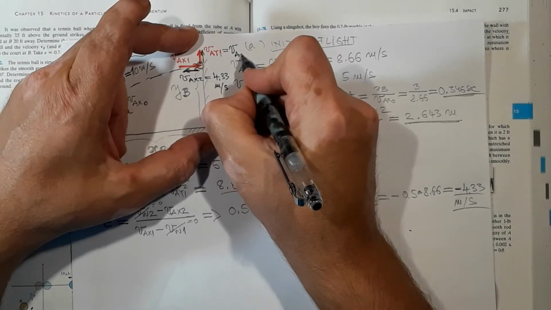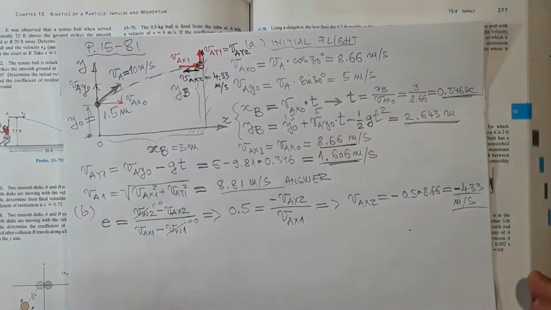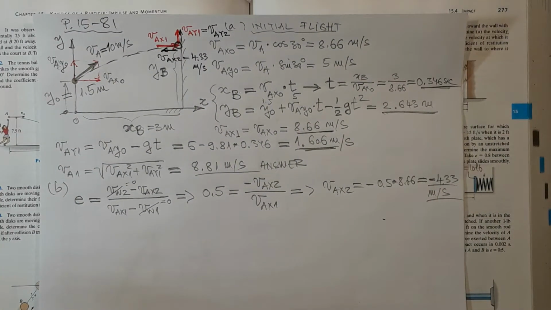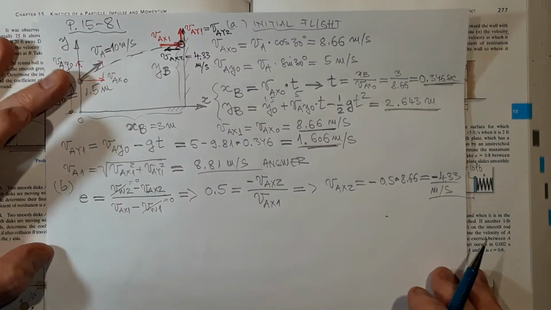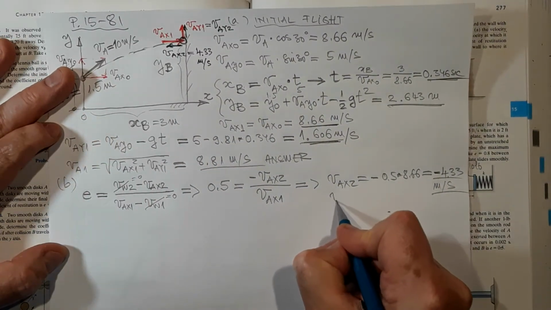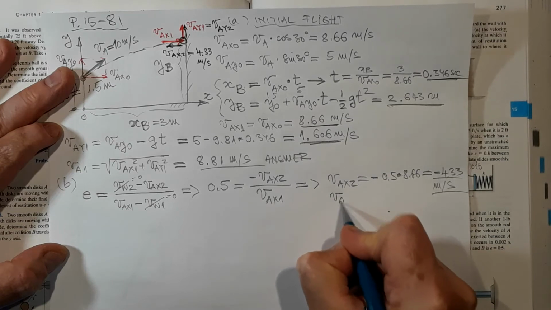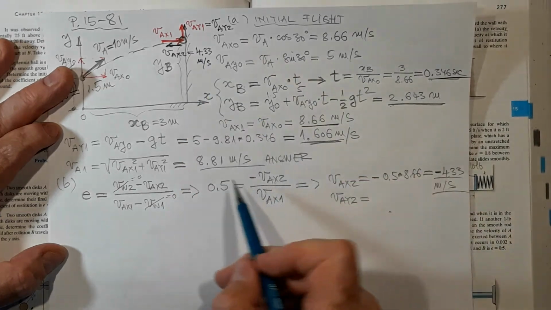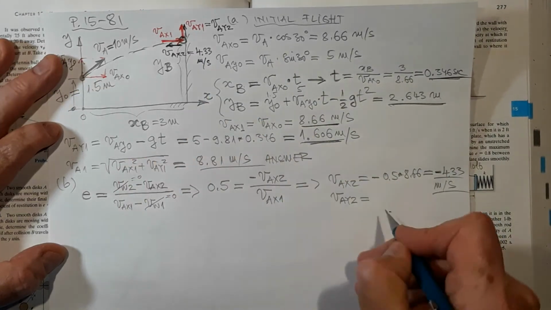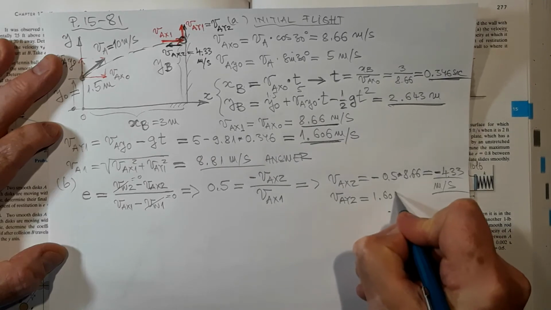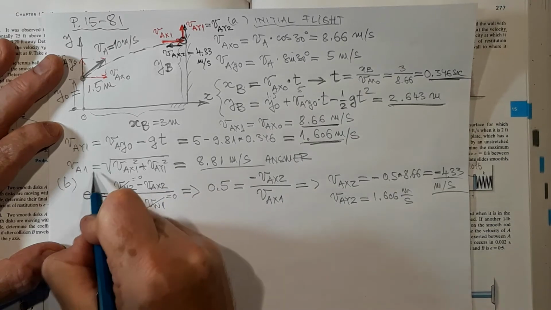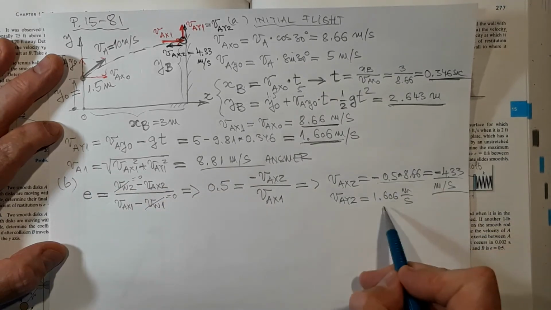So the velocity of A in the y direction after impact is just going to be the velocity of A in the y direction right before impact, and this is 1.606 meters per second. If you want to calculate the magnitude, you do the same. You take the square root of the squared values.